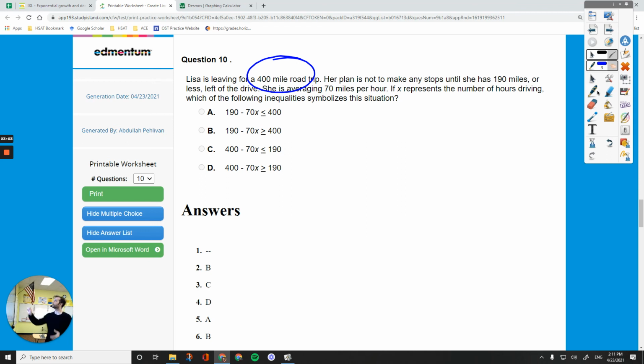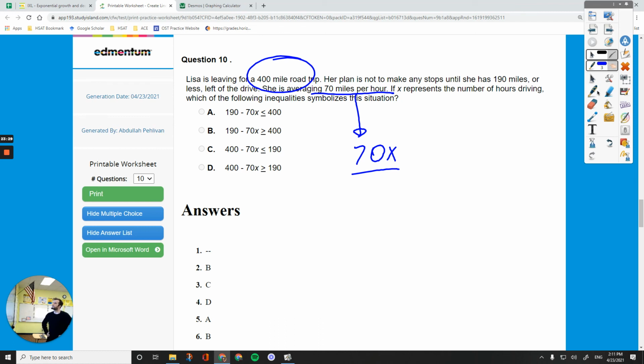She's averaging 70 miles per hour. So 70 miles per hour is 70 times x, because we don't know how many hours she's going to drive. 70x is what we need. All of the options have that. If x represents the number of hours driving, which of the following symbolizes this situation?